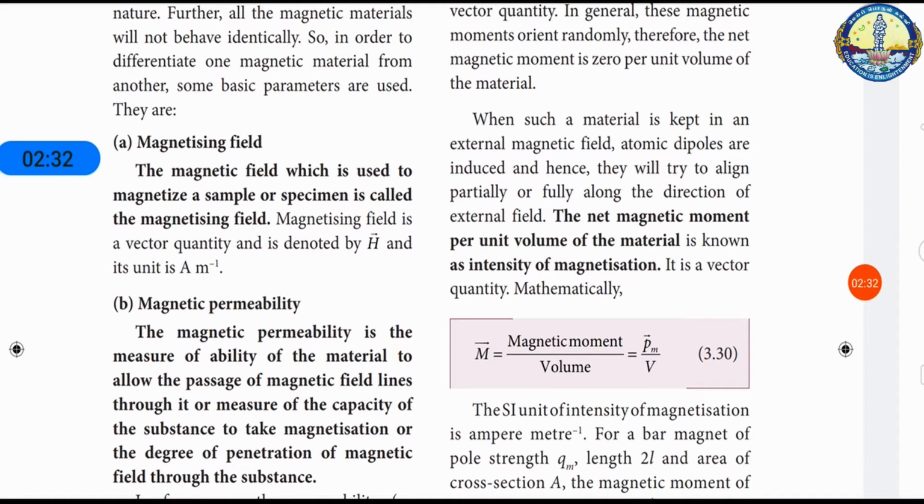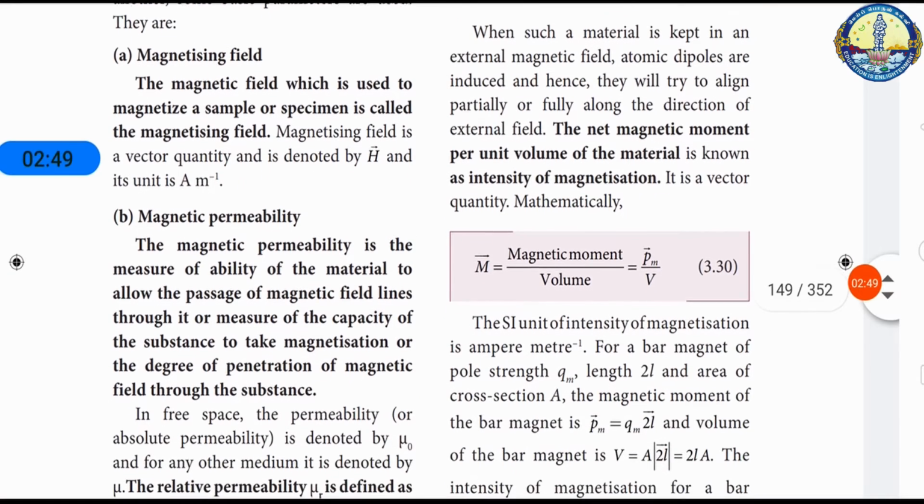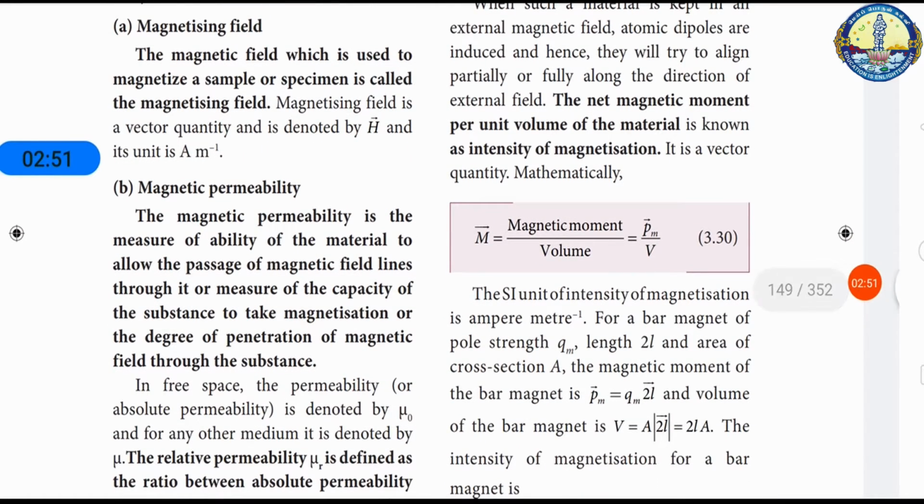It is a vector quantity, that means it has both direction and magnitude. Mathematically, the magnetization M is equal to magnetic moment by volume, that is Pm divided by V. The SI unit of intensity of magnetization is ampere per meter.